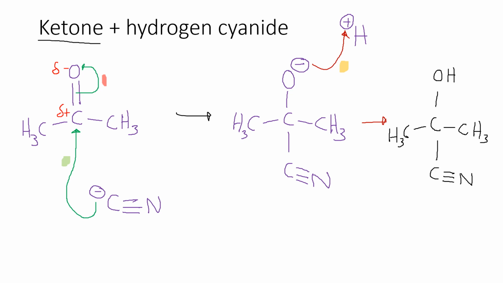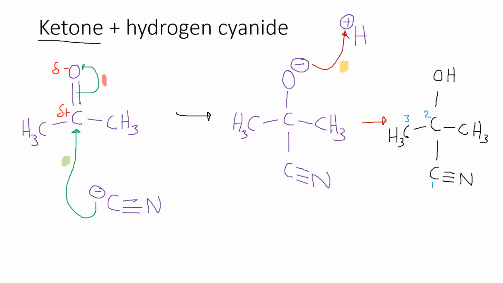Now, you might ask me about the naming of this compound. Well, what you do is you count the longest carbon chain that has the nitrile group in it. So we treat this as carbon number 1, this is carbon number 2, and therefore this is carbon number 3.